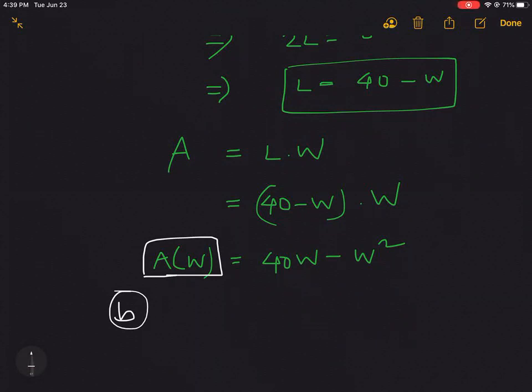How can we find the value of W, which will give us the largest area? How can we solve it?